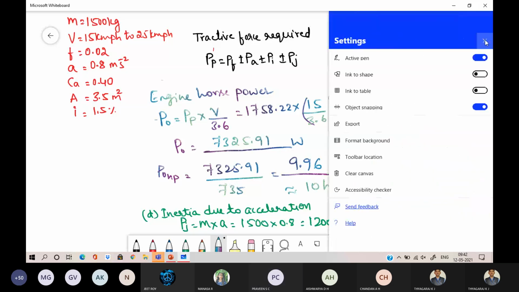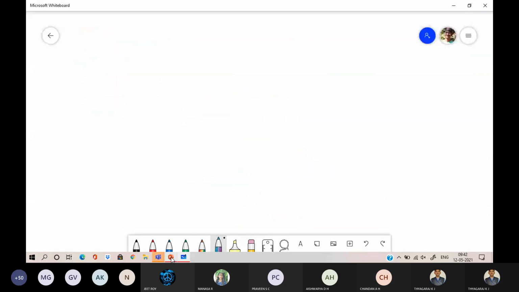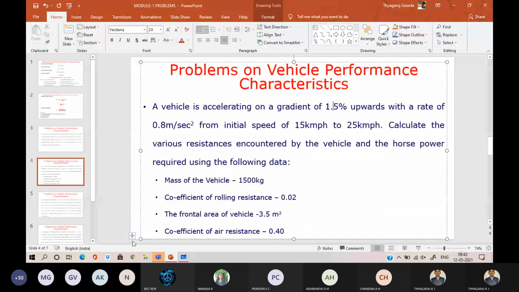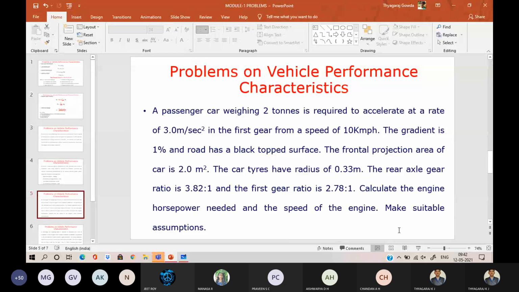Yes, sir. Okay. We will move to the next problem, which is slightly different. So note down. Here they are asking the speed of the engine. Can you note down? Passenger car weighing 2 tons.